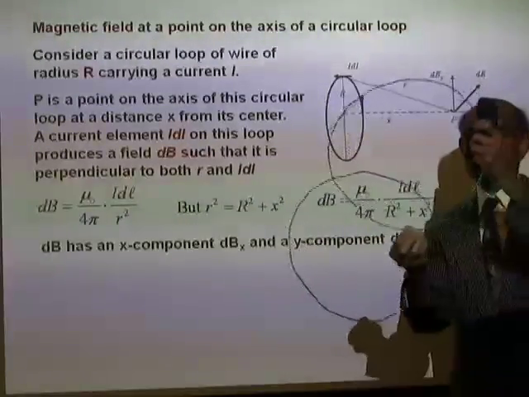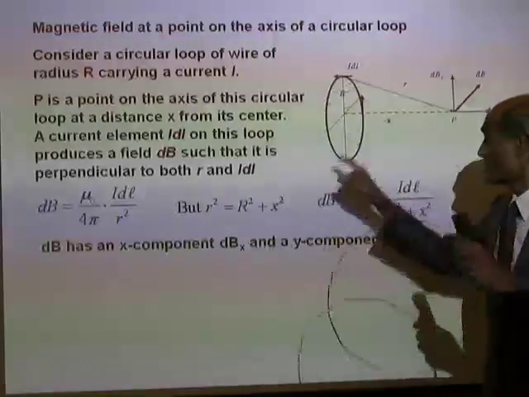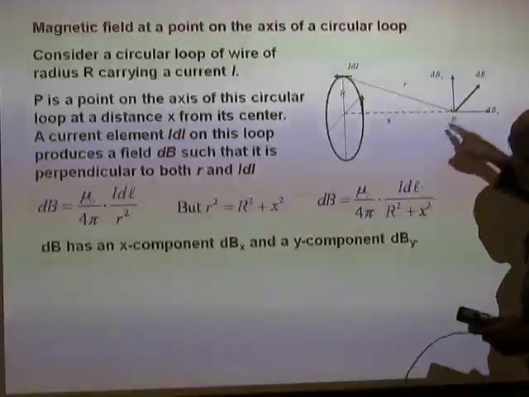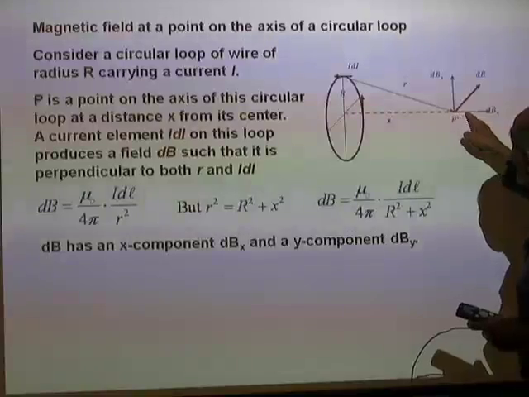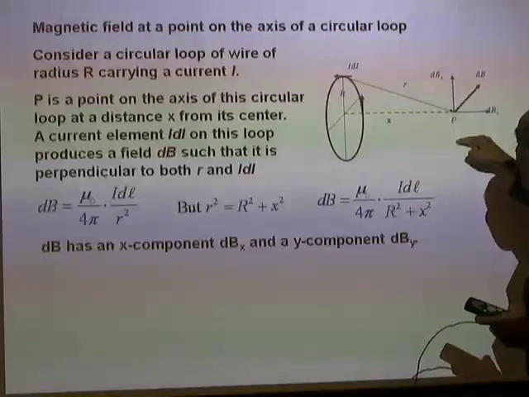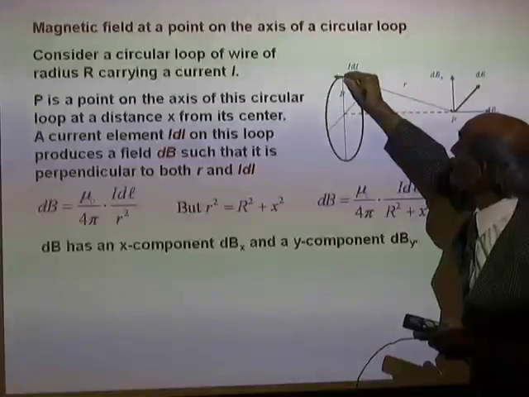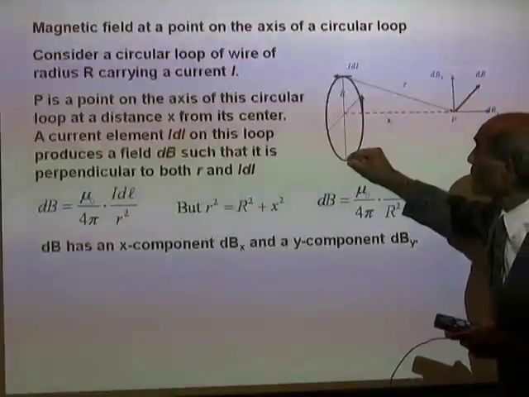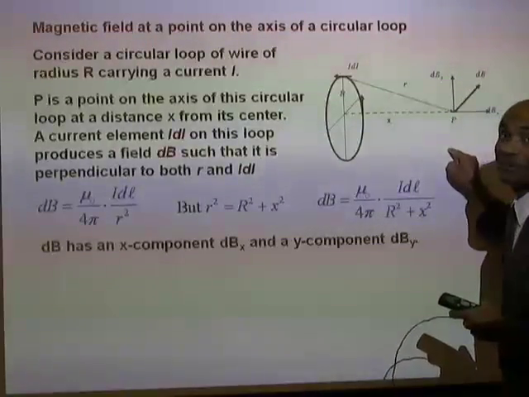How about you consider a current element diametrically opposite? If you take a current element here, dB will be somewhere in this direction. It has an x component and a y component. Now notice that for this element, if the y component is positive, for a current element here, the y component will be negative.